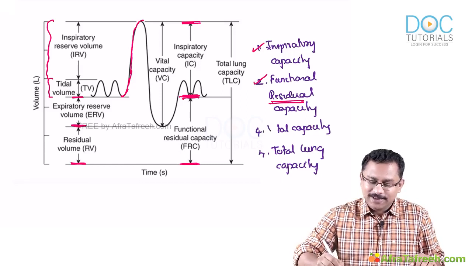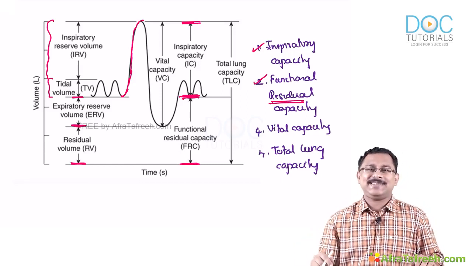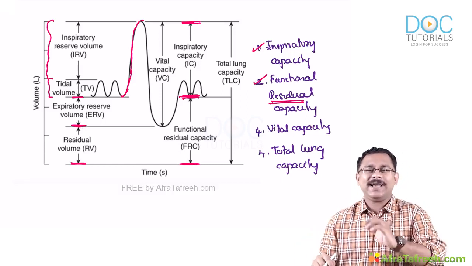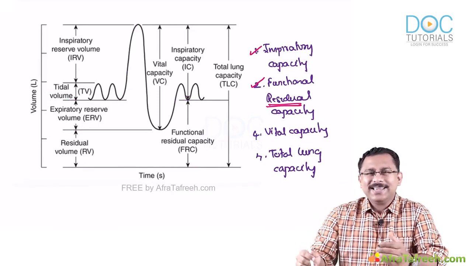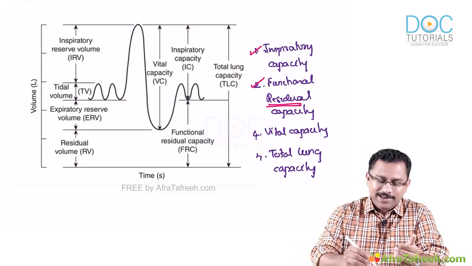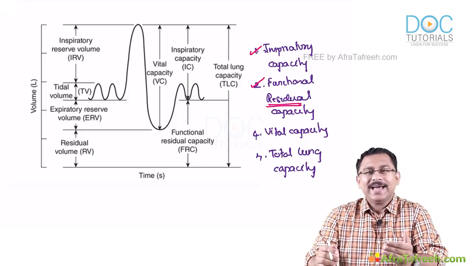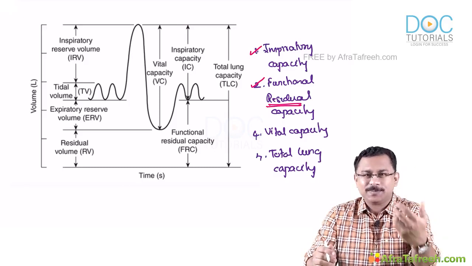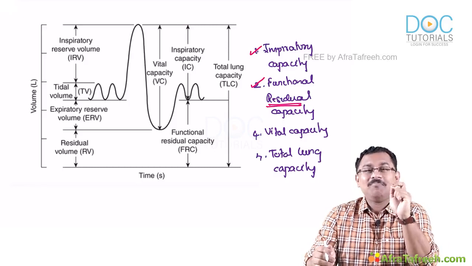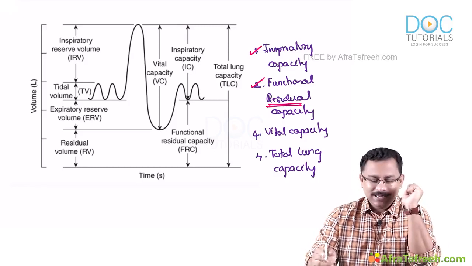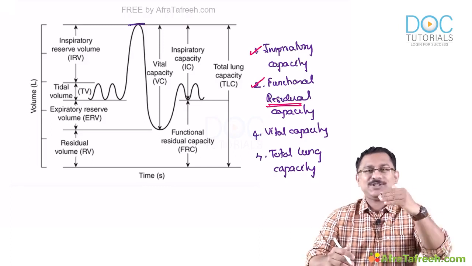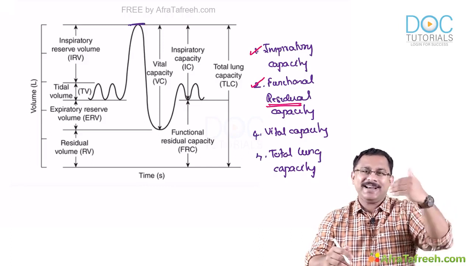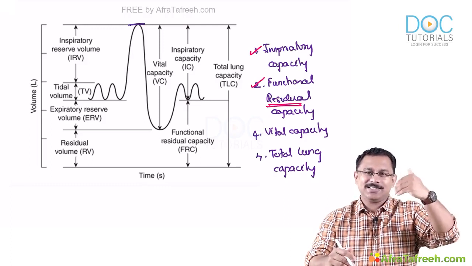Next term, be very, very attentive. This is a very important one, your vital capacity, or VC. Vital capacity means it is the amount of air that can be forcefully expired after a maximal inspiration. So somebody has gone for a maximal inspiration, which means he has inspired the tidal volume plus the inspiratory reserve volume.